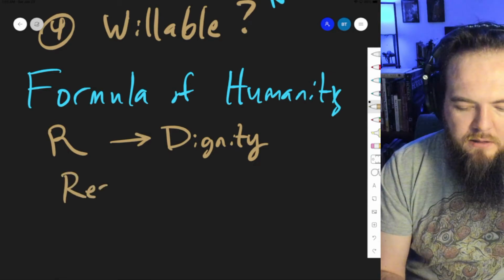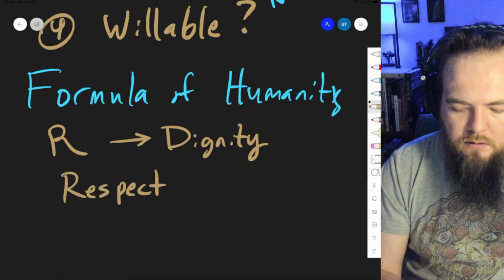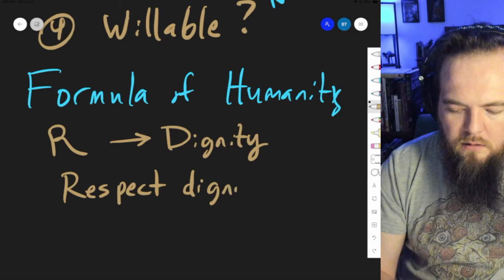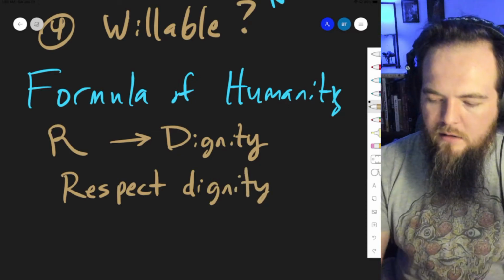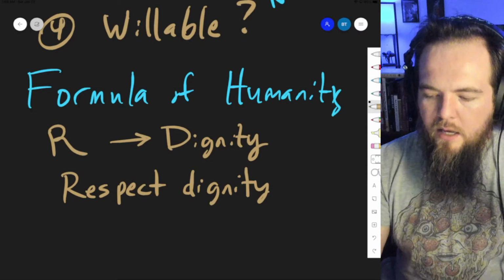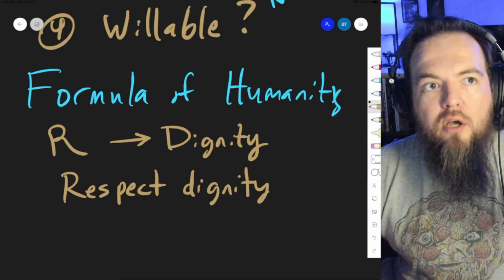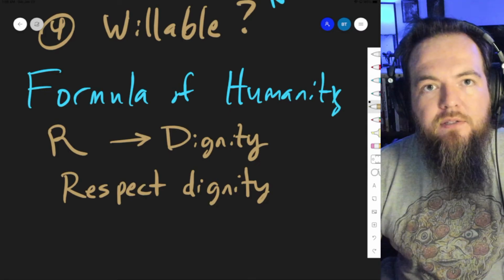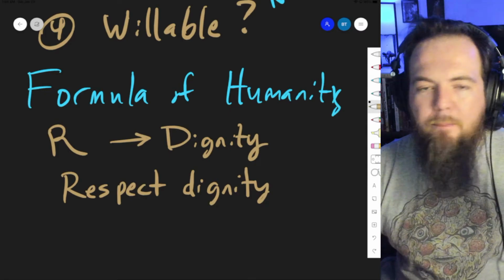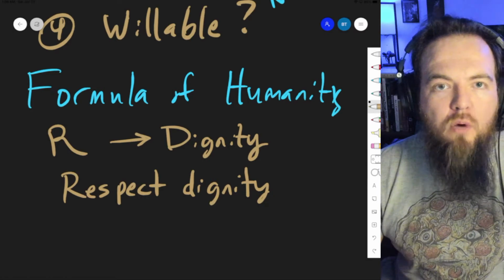So respect dignity. The way that this gets said, a little more technically, is that you cannot use people as means merely, as just a path to doing what you want to do.